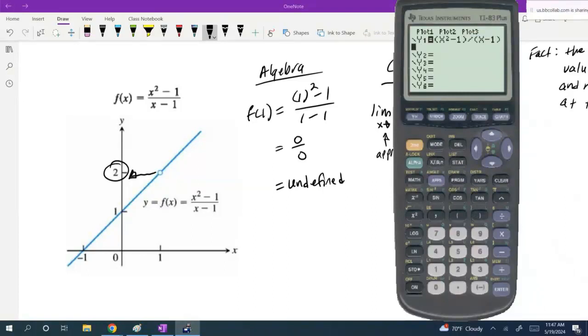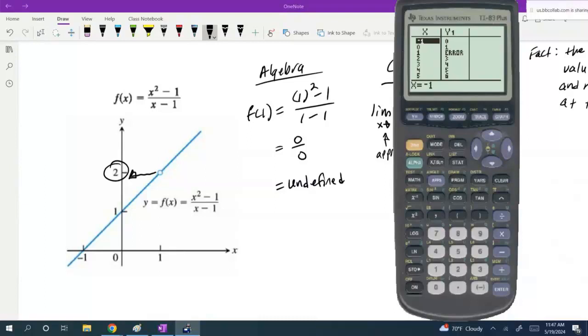And if I graph, all right, here's our graph. So notice I don't actually see the point of discontinuity or the hole in the graph. So I'm going to go into the table. So I'm going to hit second and graph, which is table. And notice at 1, there is an error.